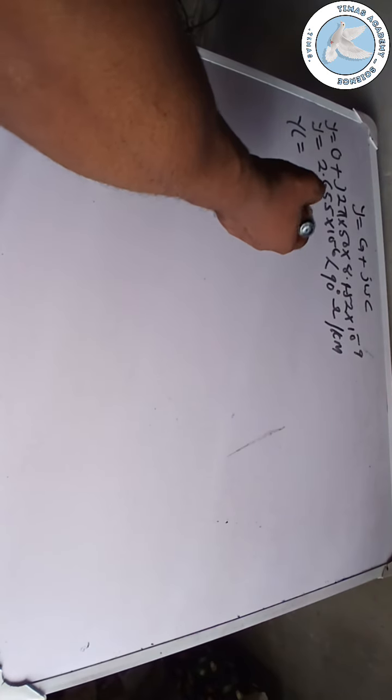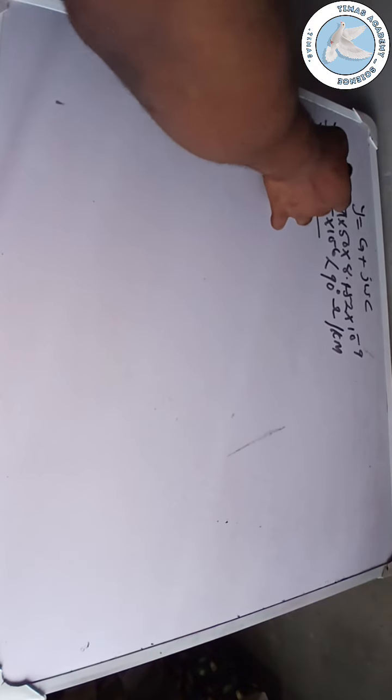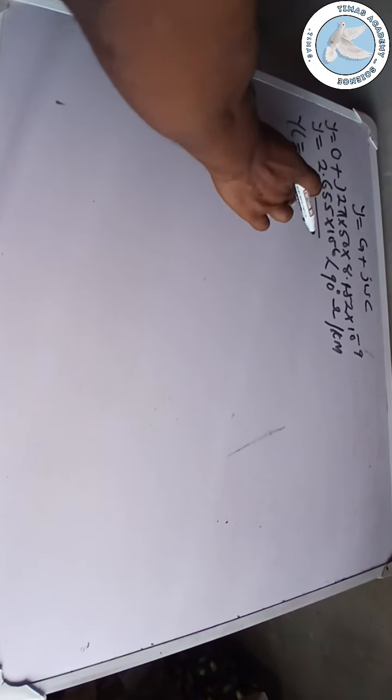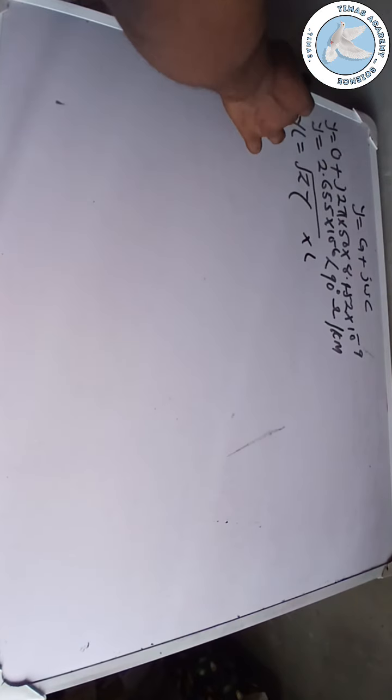We have that this is the square root of the series impedance and shunt admittance, multiplied with the length.